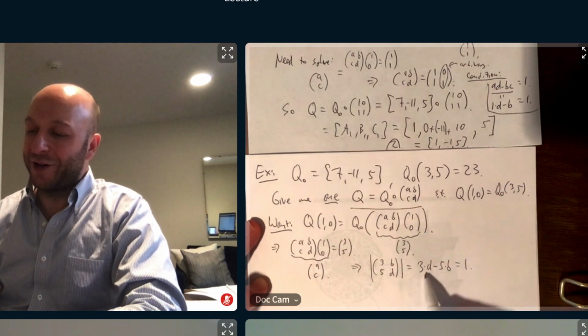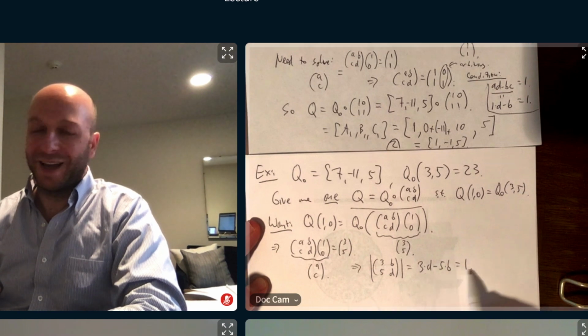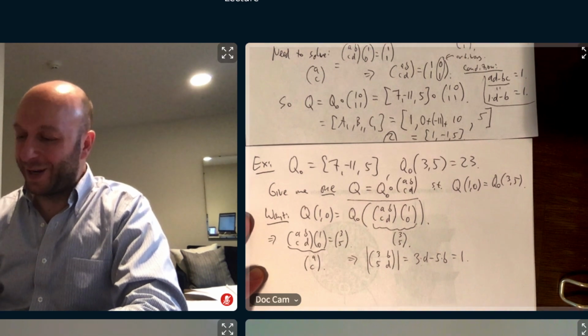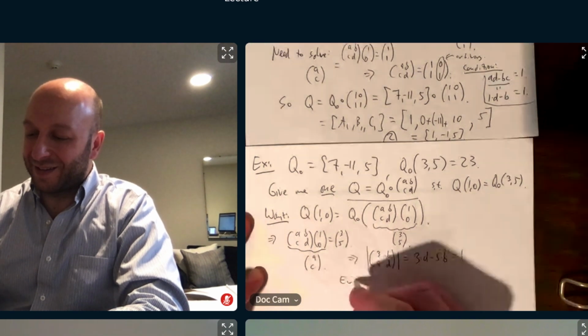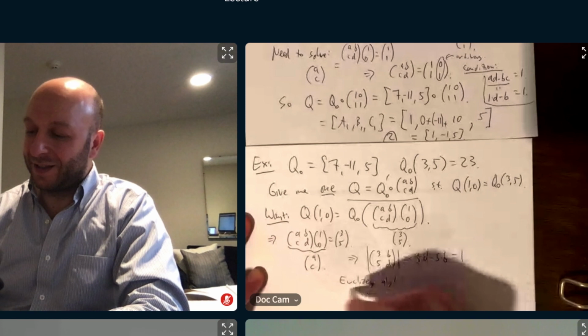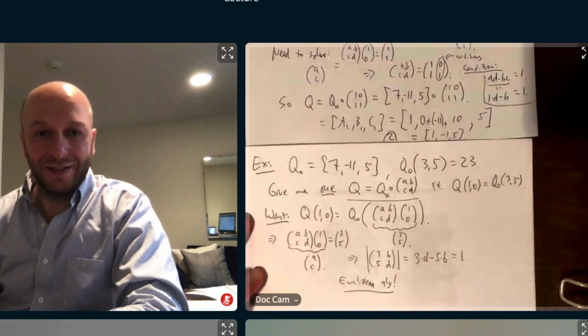The determinant of this is 3 times D minus 5 times B equals 1. How do we find integers B and D that satisfy this? Euclid. Exactly. Euclidean algorithm. So this is what we need.